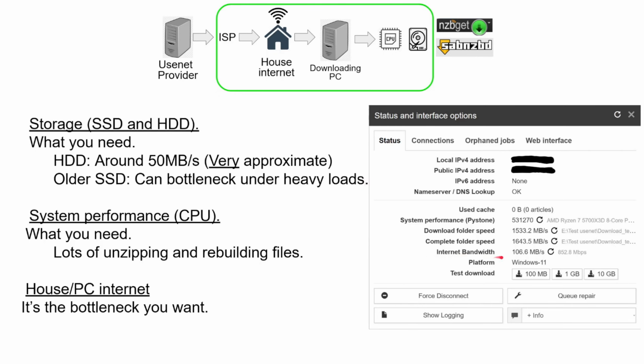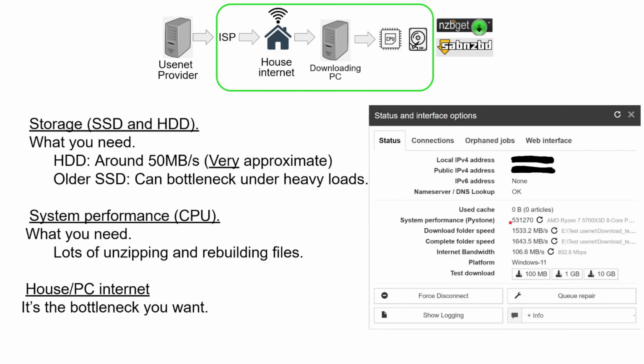So if we look at my numbers that came out of the benchmark, you see my internet bandwidth here. This is your house PC internet. This is your ISP. So I'm getting above 100 megabytes per second, and this is obviously the speed that I want. My complete folder speed and my download folder speed, as you can see, those two numbers are much higher than my internet bandwidth. So they will not be bottlenecking my speed.